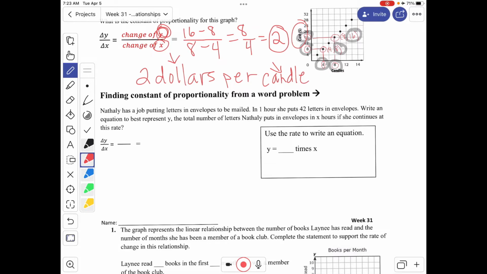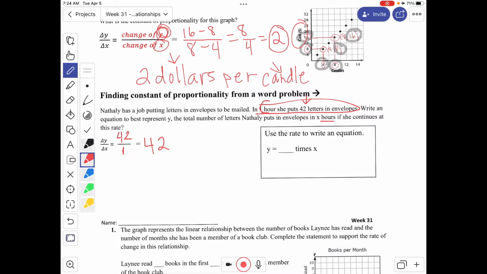Well, her rate is 1 hour she puts 42 letters in envelopes. And it says in the problem that y is the total of letters. So this is my y, it goes on top. It says that x is hours, which was 1, that goes on bottom. 42 divided by 1 is 42. So our constant of proportionality is 42.